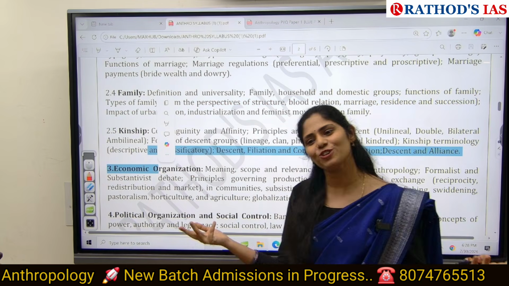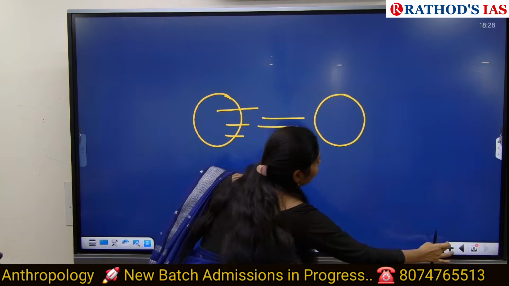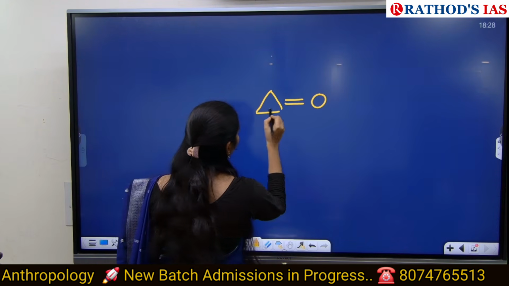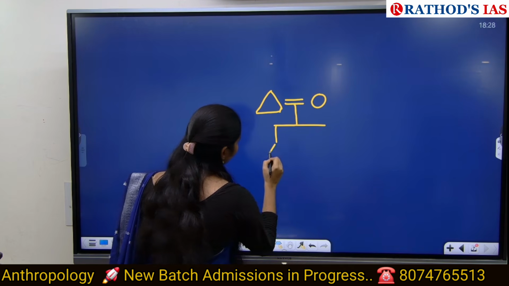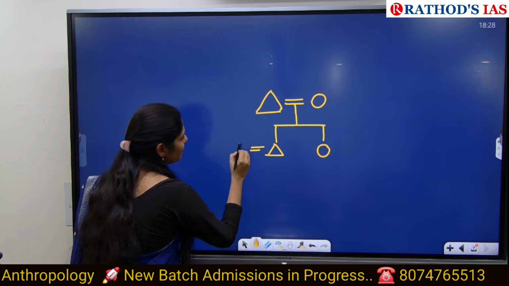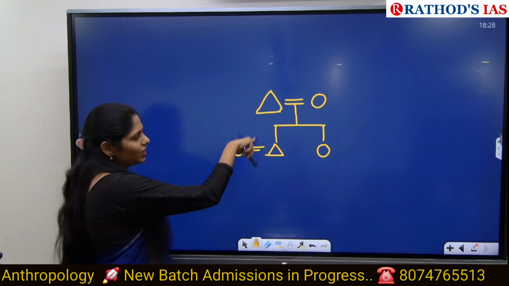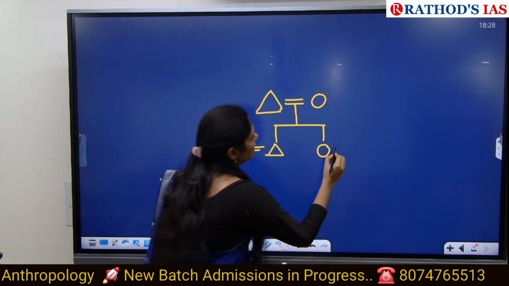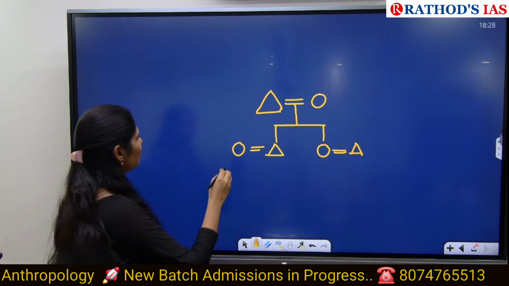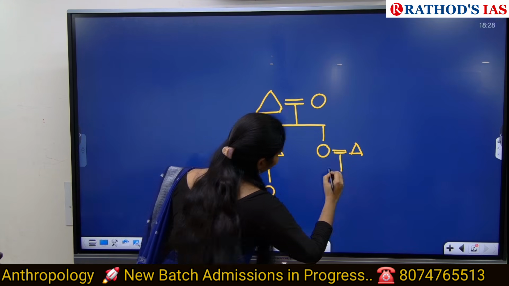And here we have to draw diagrams. What are those diagrams? Father, mother, daughter, son. And if I keep this symbol, this will be the son's wife, that means daughter-in-law. Here the daughter's husband will be son-in-law. For them again kids. For them again kids.